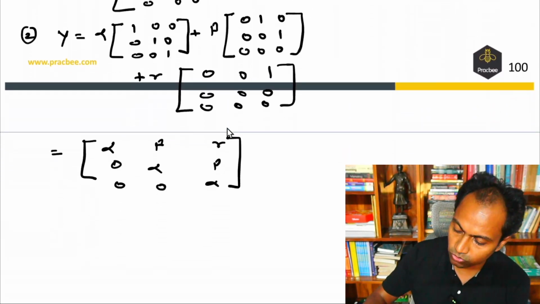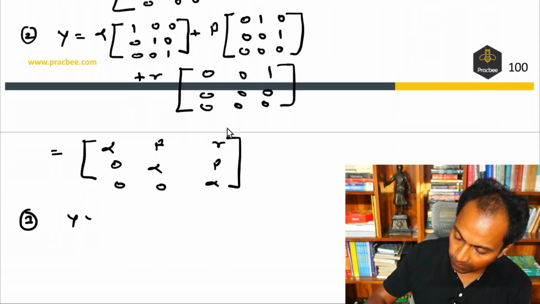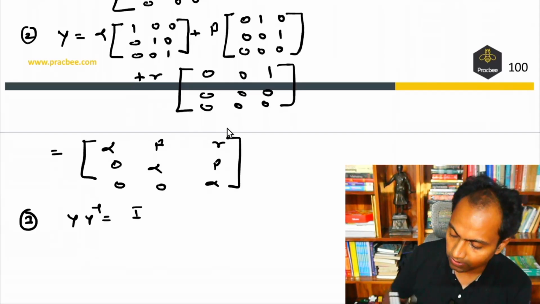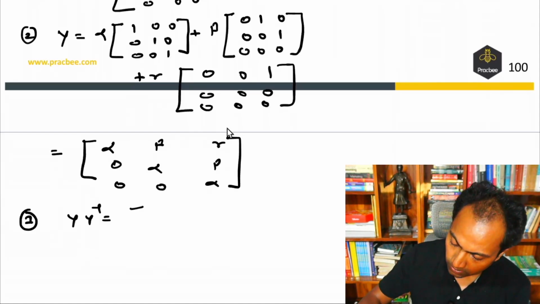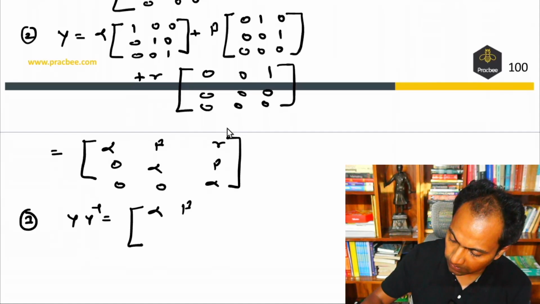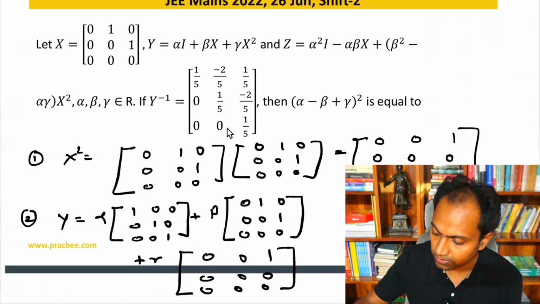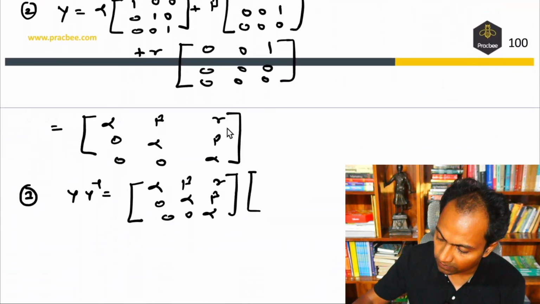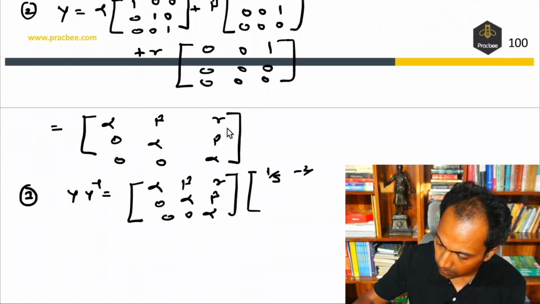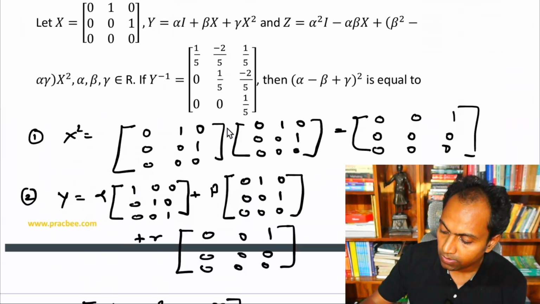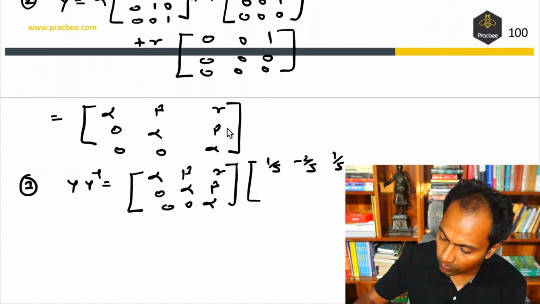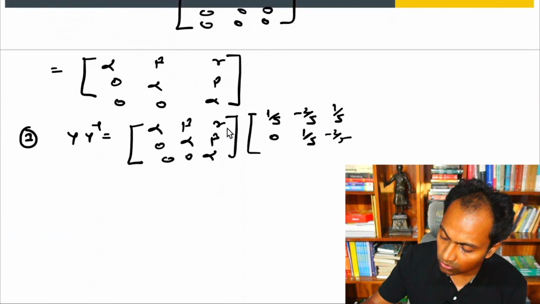The next step is to take this value of y and multiply it with y inverse and put it equal to I. So let us first do the first part only, then we'll compare it with I. So this is [alpha, beta, gamma; 0, alpha, beta; 0, 0, alpha], and the inverse part is written above: [1 by 5, minus 2 by 5, 1 by 5; 0, 1 by 5, minus 2 by 5; 0, 0, 1 by 5].